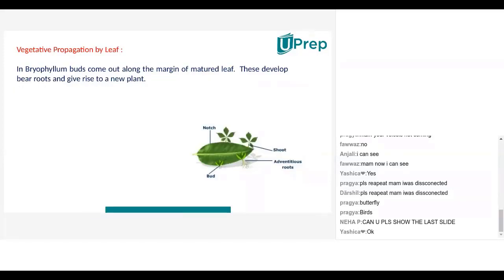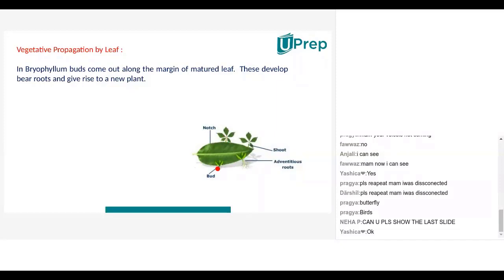Okay. So now this is vegetative propagation by leaf. If you remember last time we had discussed, this is a bryophyllum leaf where each and every notch of this leaf has, if you just keep it on the soil, slowly after a few weeks, you will find that the roots have emerged from the side of the leaf.